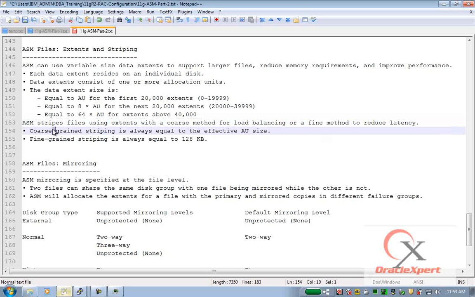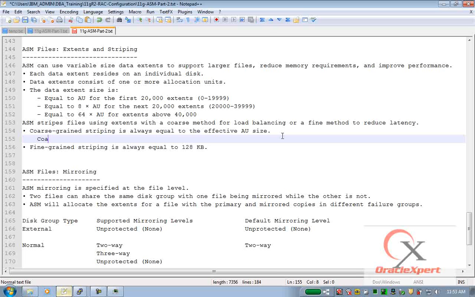In a coarse striping, AU size is 1 MB. So in a coarse striping, 1 AU is equal to 1 MB by default. So when you don't mention, then 1 AU would be of 1 MB.